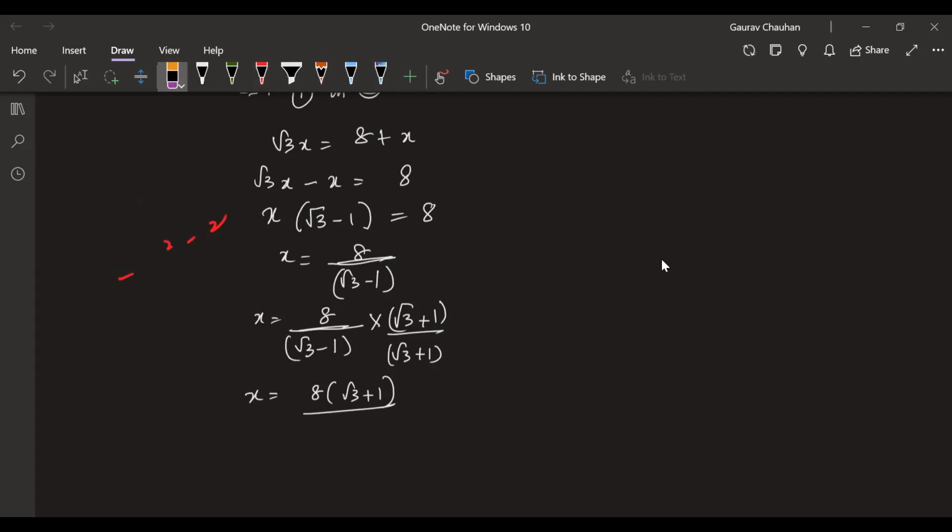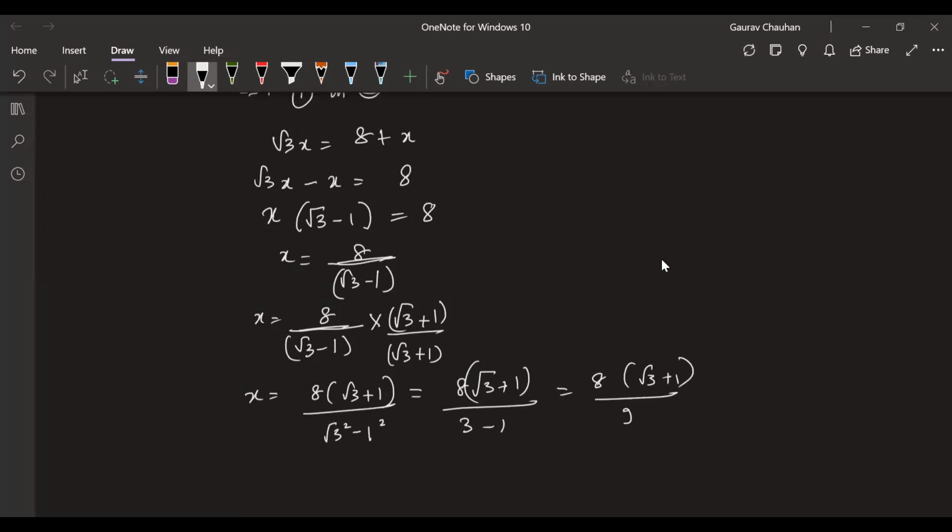That will remove the root. So I have root 3 square minus 1 square. That's equal to 8 into root 3 plus 1 by 3 minus 1, which is 2. 2 and 8 get cancelled. You get 4 into root 3 plus 1.